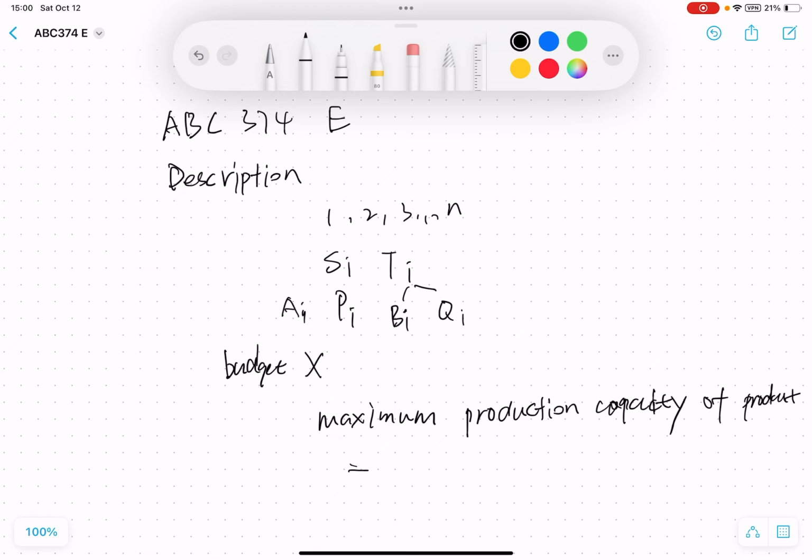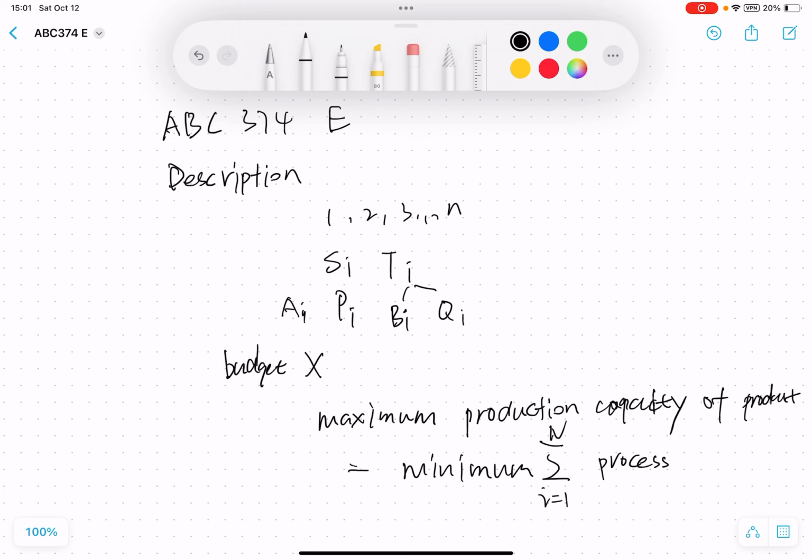That equals the minimum over i equals 1 to N of all processes. That means the production capacity of this product is the minimum production capacity among all processes.